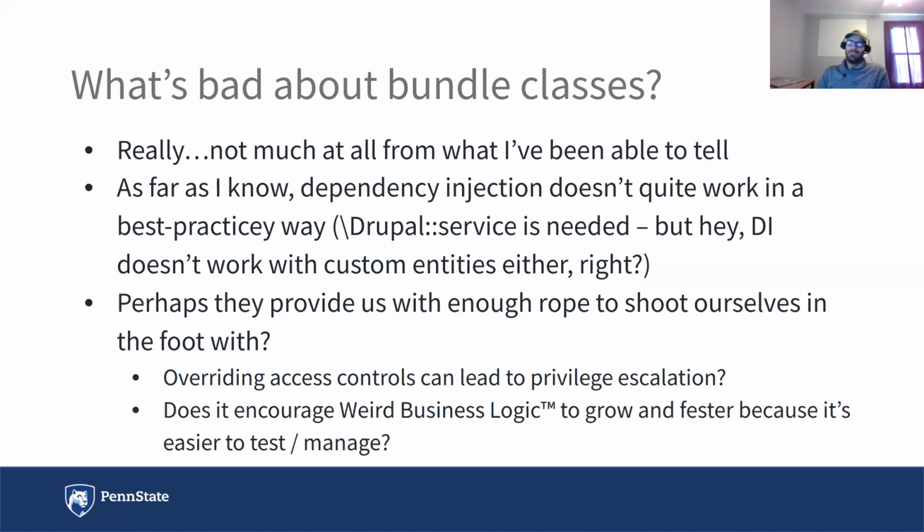And does it encourage the weird business logic to grow, just because it's easier to test, easier to manage? I've marked a lot of my best successes by deleting lines of code. Does this make the argument harder to simplify requirements versus make them more complex with test coverage?